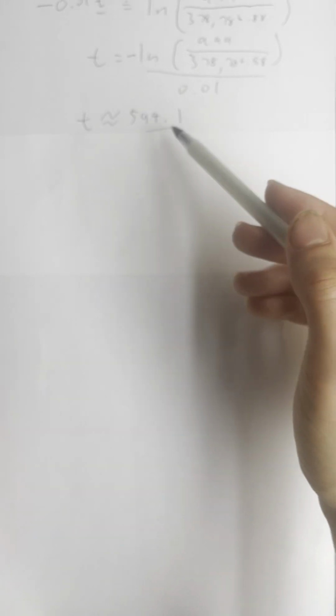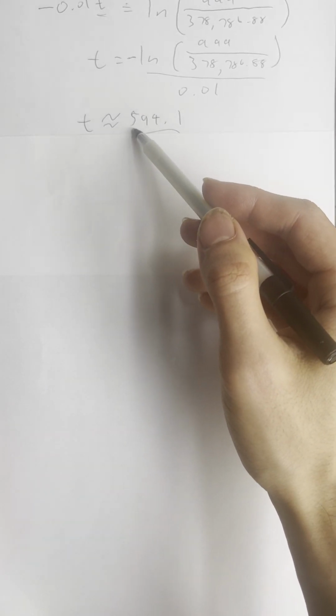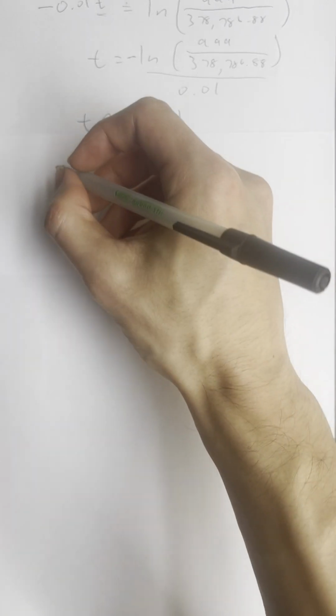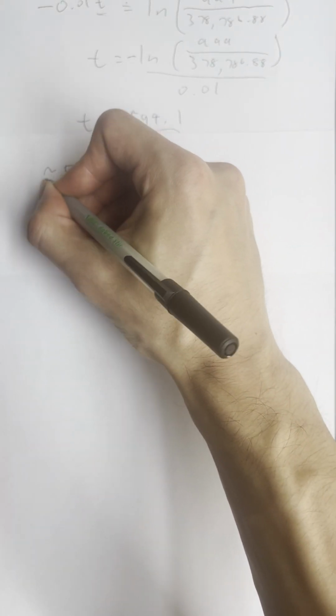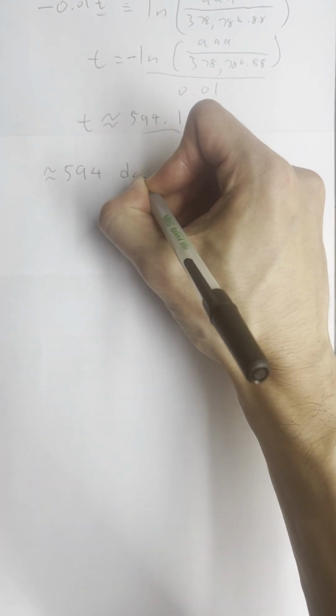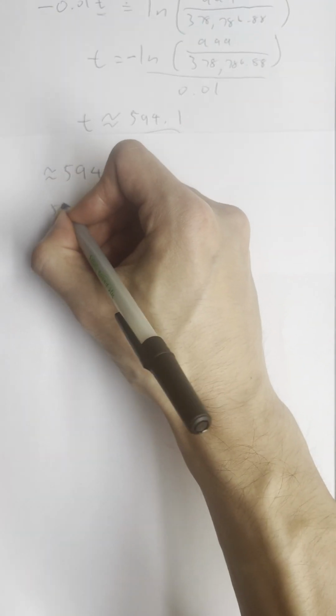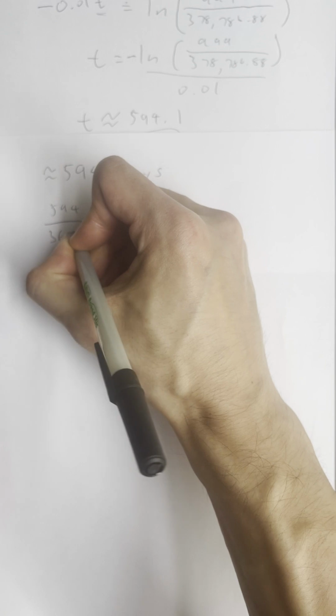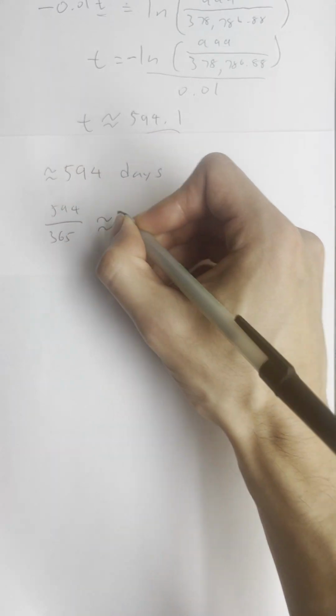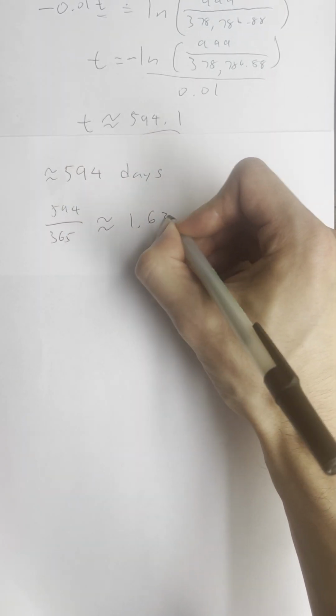If you plug this into a calculator, you're going to get about 594 days. So about 594 days. How many years is that? So 594, so 365 days in a year. So that's approximately 1.63 years.